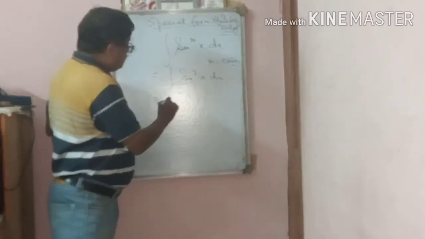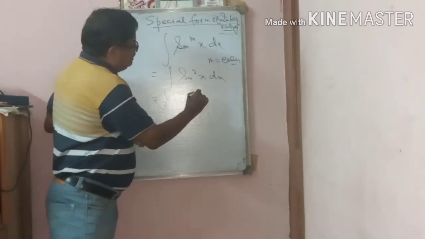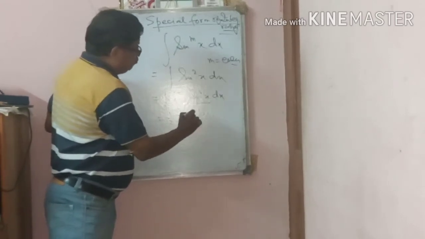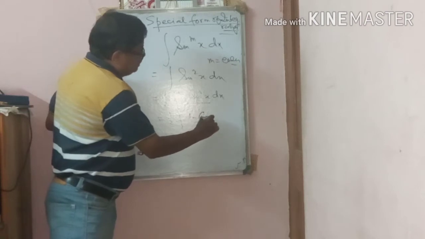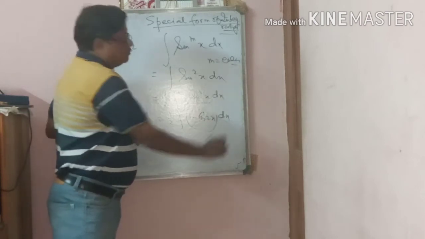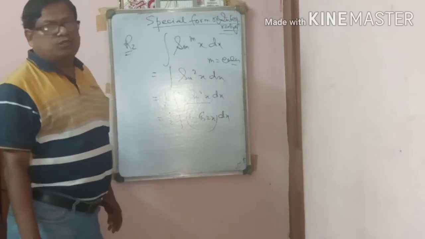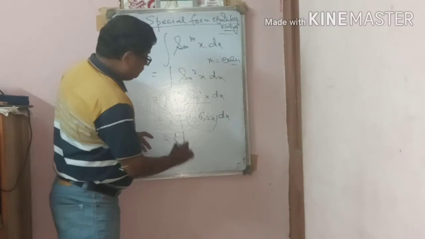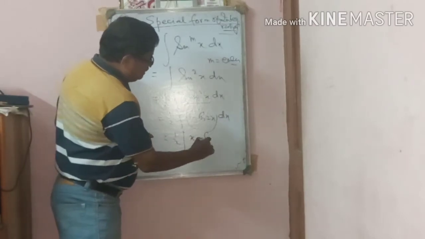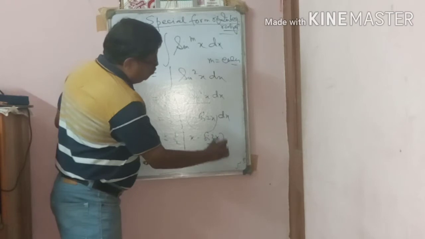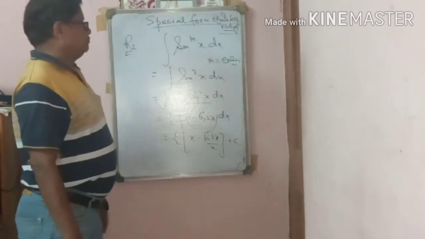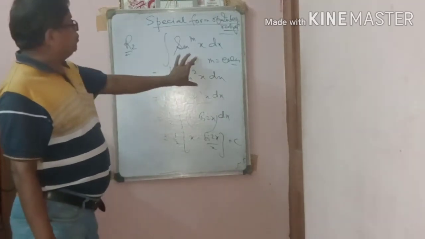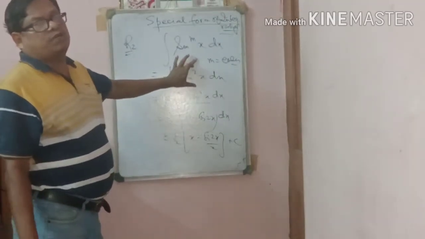You write half of 2 sin square x dx. 2 sin square x, all of you know, is 1 minus cos 2x. So write half, this will be x minus sin 2x by 2 plus c. So if m is an even number, then you convert into the multiple angle formula.